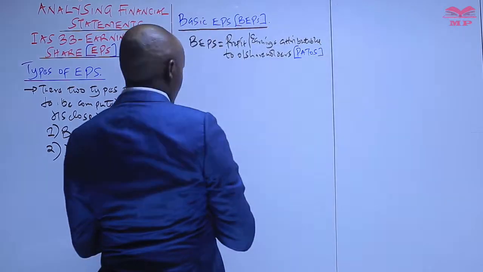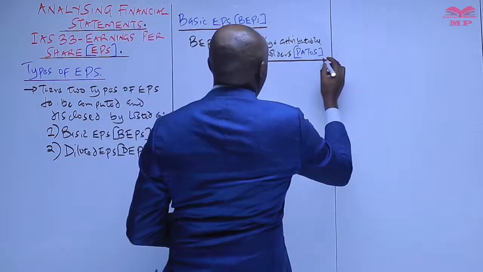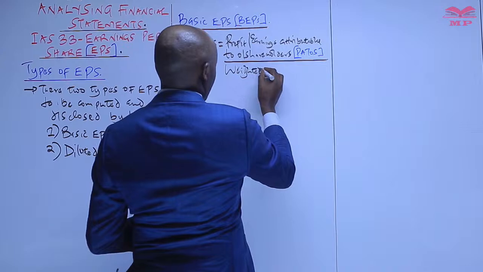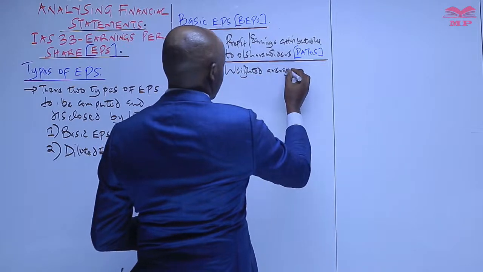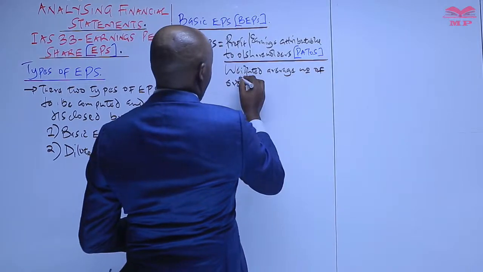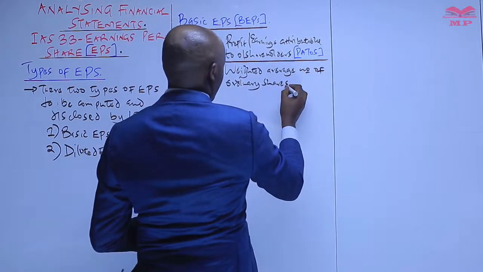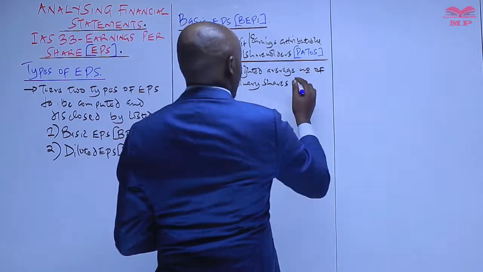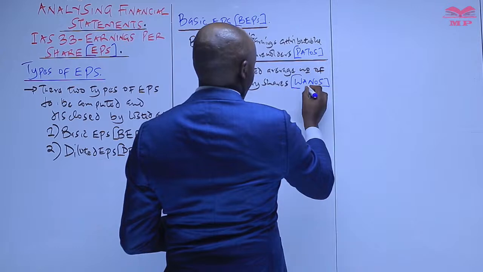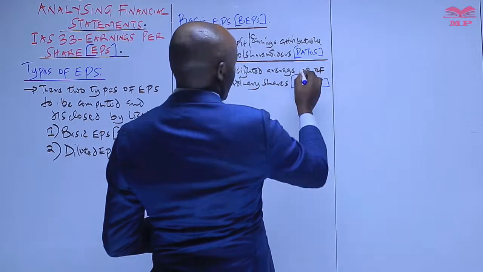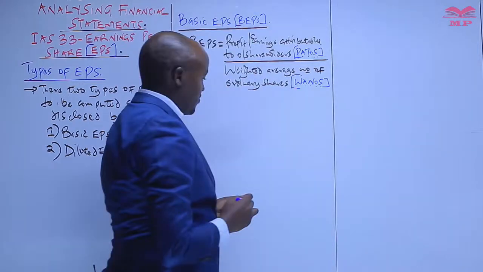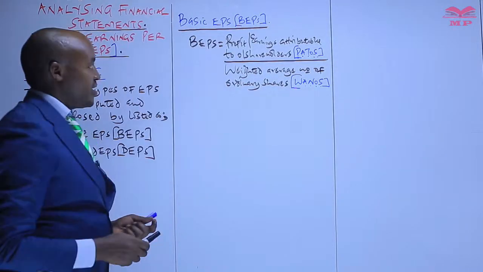And then we divide that with the weighted average number of ordinary shares, of which this one equally is abbreviated as what? As WANOS. WANOS for weighted average number of ordinary shares. PATOS is for profit attributable to ordinary shareholders. So therefore, that's how we compute the basic earnings per share.